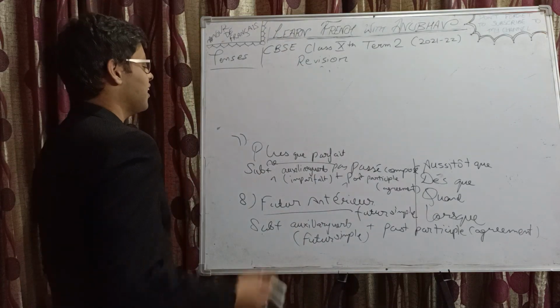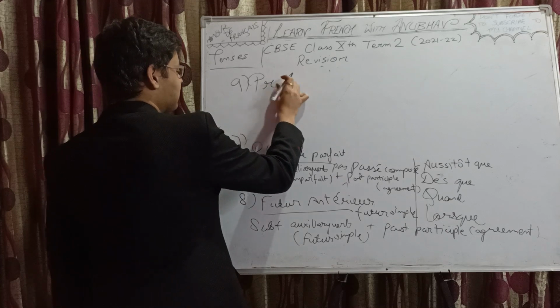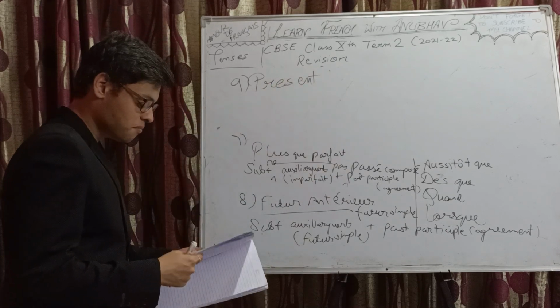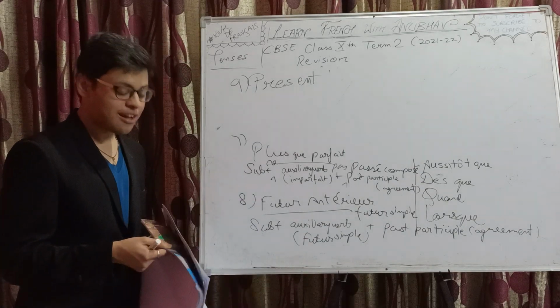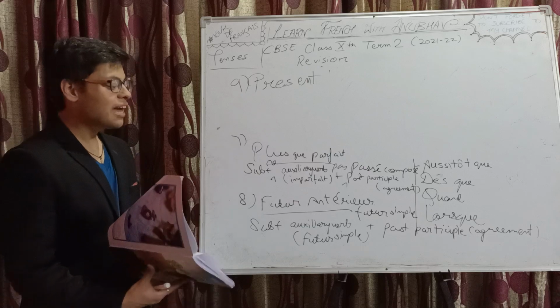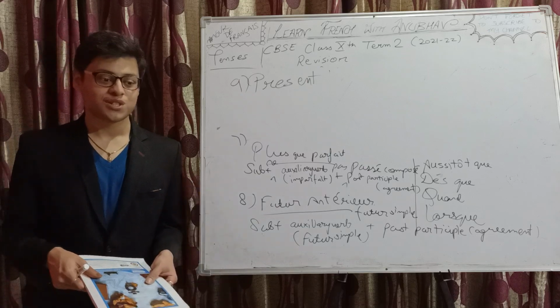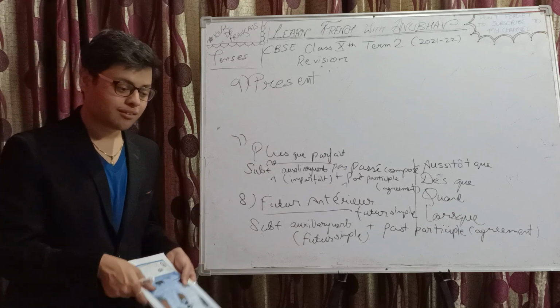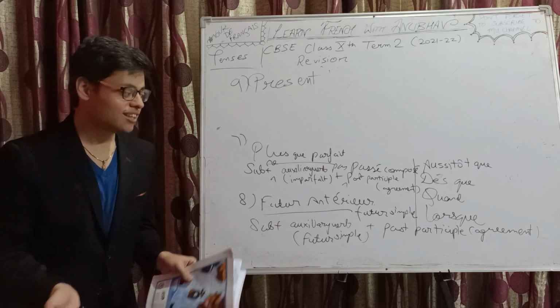Now the last one, the most basic one, because I wanted to discuss at the end. Present tense. Okay, when to use present tense? You don't have any indicator in this. Whether it's a past one or a future one, or it's a near past one, or it's a near future one, you don't have any indicator.